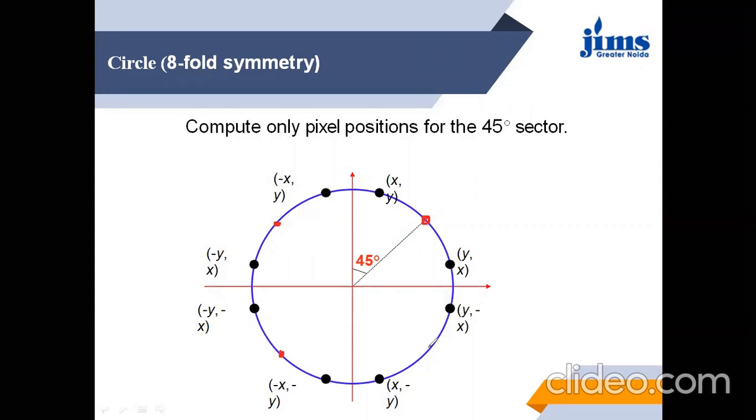Means there is no need to calculate the values of all the coordinates. I will find the coordinates of the circle in the first quadrant only, then I will map those points to the other quadrants also.